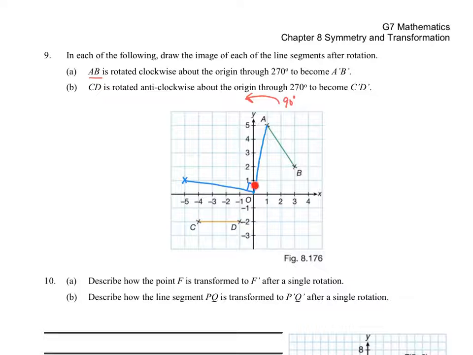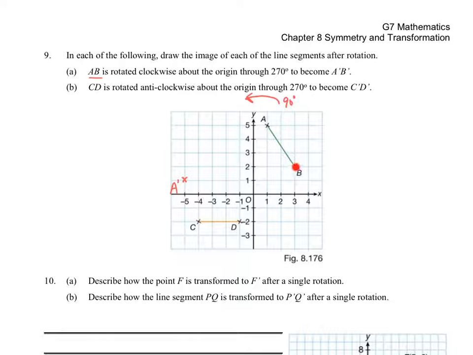For example, I'll show you how this is operated. Look at OA. When you rotate it anti-clockwise by 90 degree, then A would appear here. So originally it is 1, 5. The new point will be negative 5, 1. The two values will swap, and then you have to determine the sign. It should be negative, positive. So you can mark the point here, A prime.